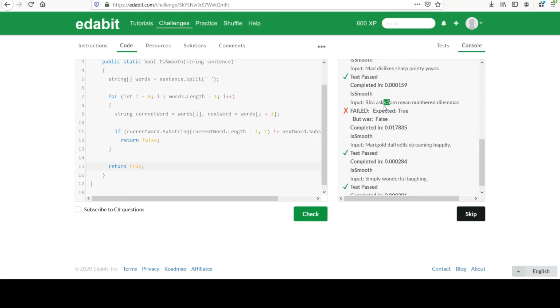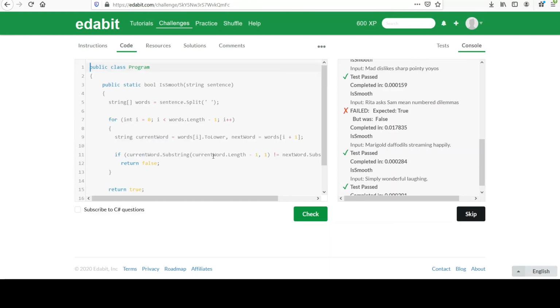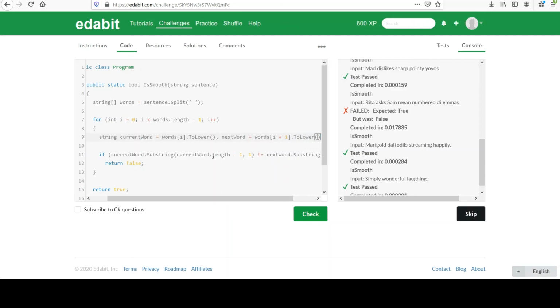Remember, from the computer standpoint, lowercase s is different than uppercase s, right? So we need to account for that. And one way you can do that is to convert these to lowercase, then everything will be lowercase, and that sort of takes case out of the equation.